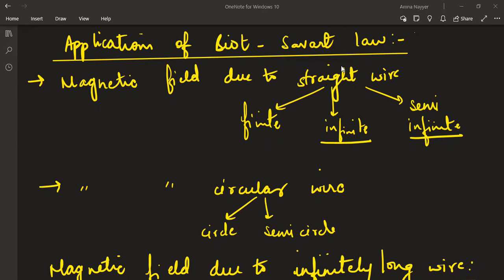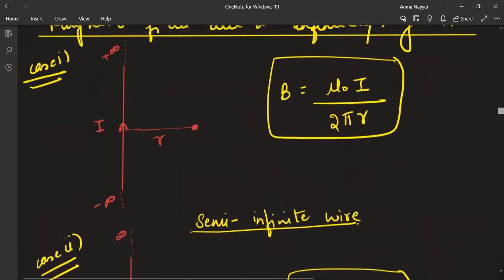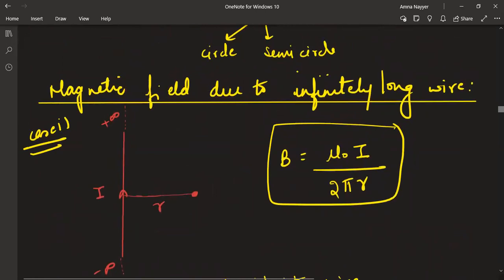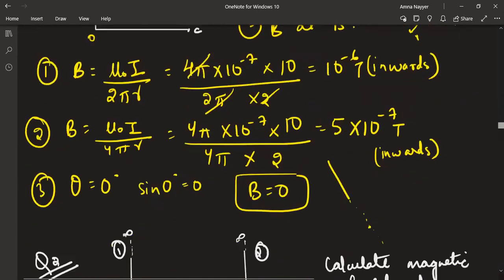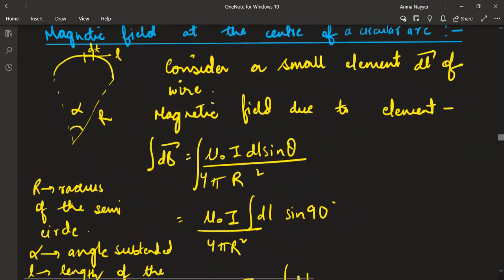For all the straight-wire cases you have one specific formula, and the derivation is not part of your syllabus. So remember, for an infinitely long wire, it is mu naught I by 2 pi r. Infinitely long wire means both ends are reaching towards infinity. Then for a semi-infinite wire, it is mu naught I divided by 4 pi r. Accordingly, you will apply the rules.